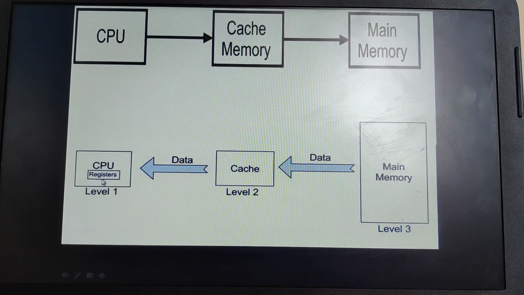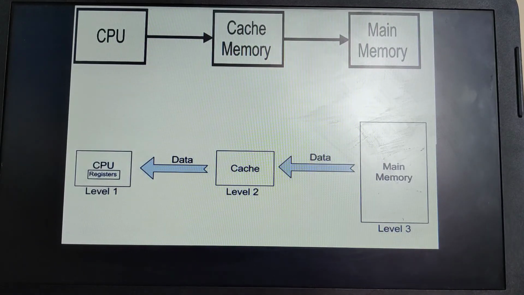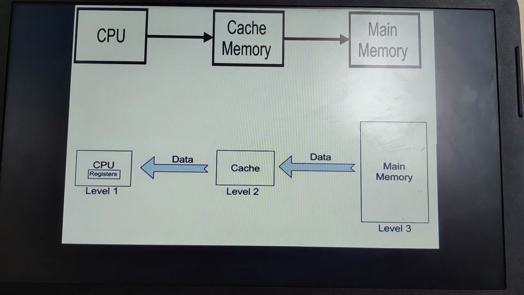They provide whatever data and instructions the CPU needs for processing. So the data transfer rate is very fast compared to the other kinds, such as cache or SRAM. Therefore, they are considered high speed memory.